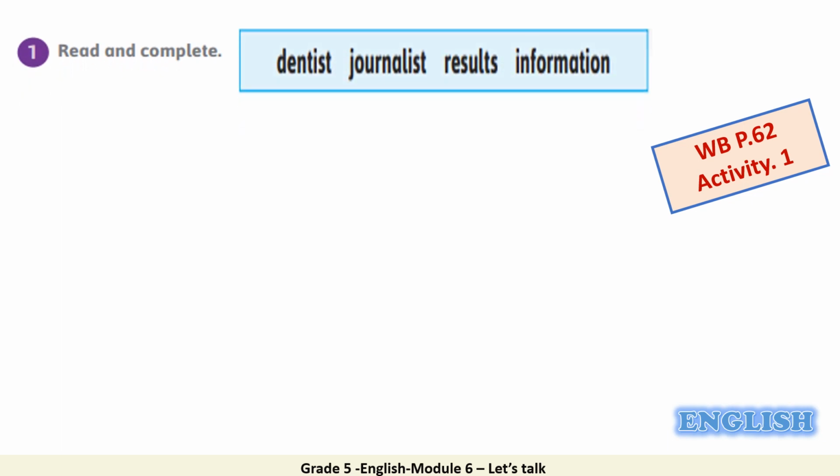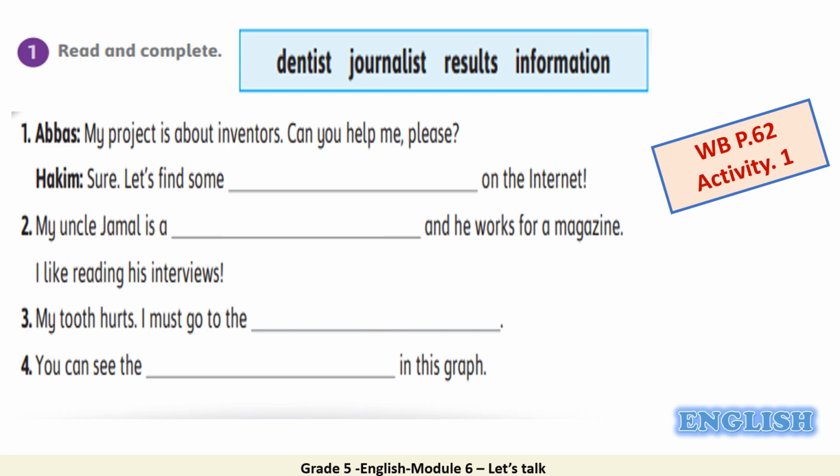You have 4 words and you have 4 gaps. Number 1, a mini dialogue between Abbas and Hakim. My project is about inventors. Can you help me, please? Sure. Let's find some on the internet. Find some what? Great. Some information on the internet.